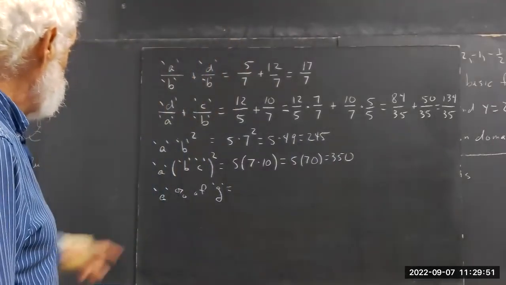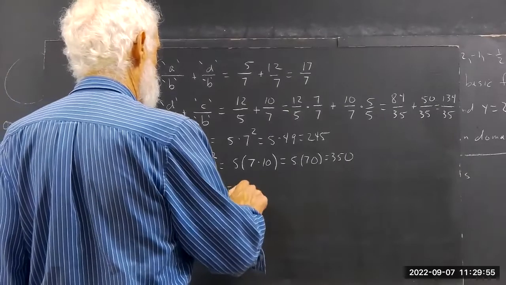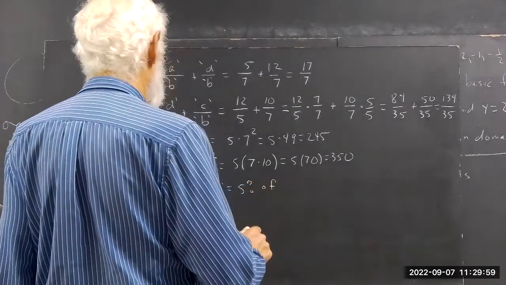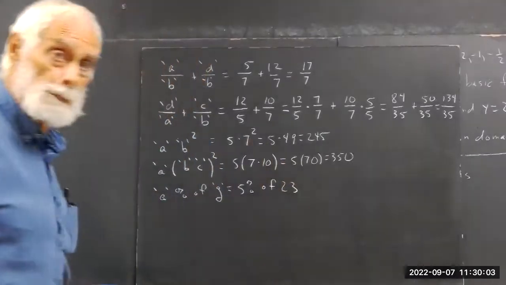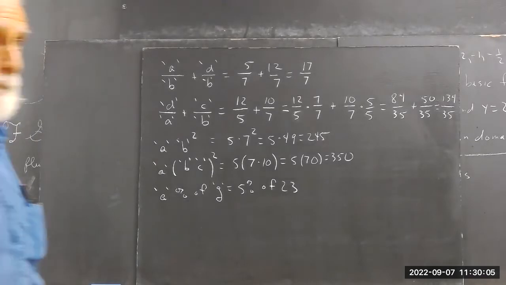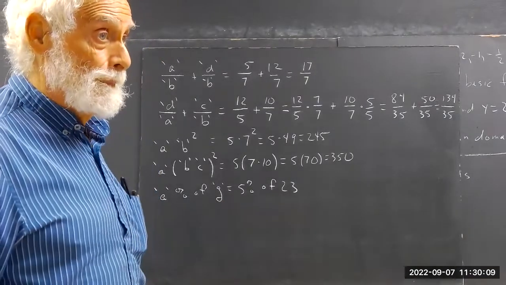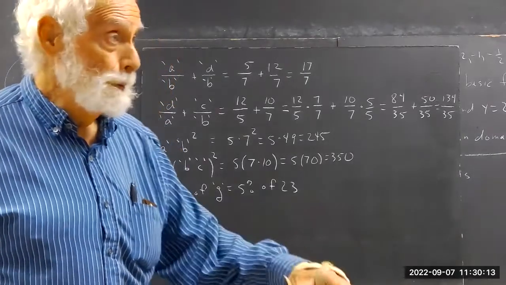So what's 8% of G? Well, let's say that's 5% of 26. Okay. There's nothing to go to your calculator and press buttons. You need to convert this to a simple multiplication.